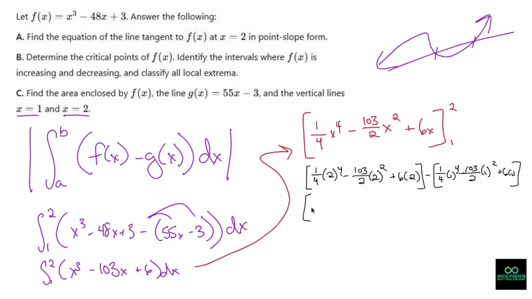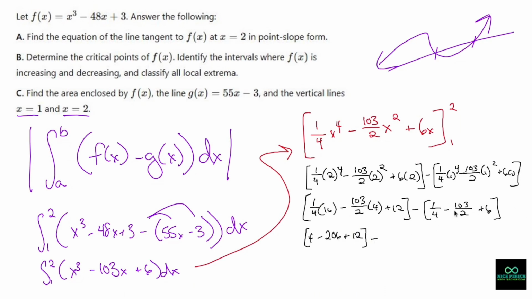Okay, so 1/4 times 16, minus 103 over 2 times 4, plus 12, minus 1/4, minus 103 over 2, plus 6. So you become 4. You become minus 206 plus 12.